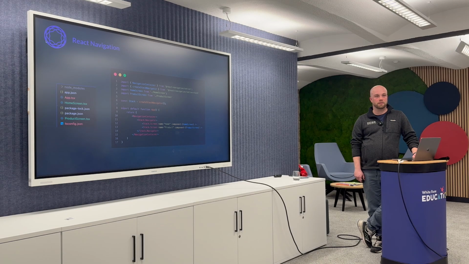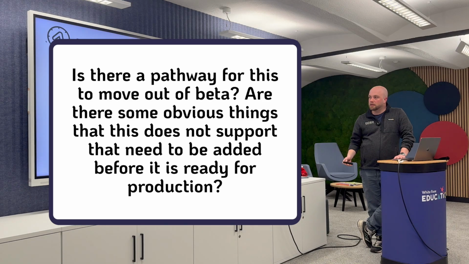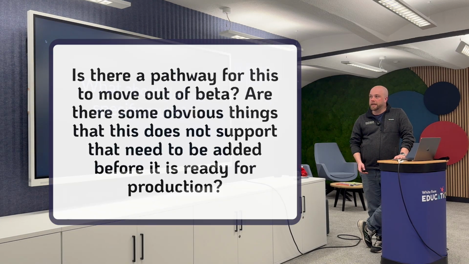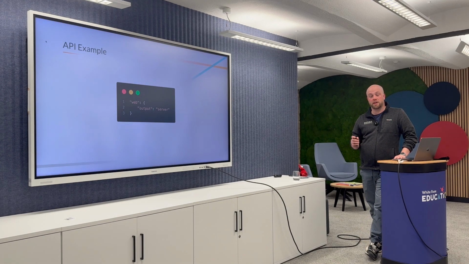Luke? So is there a pathway for this to move out of beta? Are there some obvious things that this doesn't support that you know of that they want to add in before they can say, yes, go ahead and build production systems out of this? Yeah, so just for clarity, the only thing that's in beta is the server stuff.